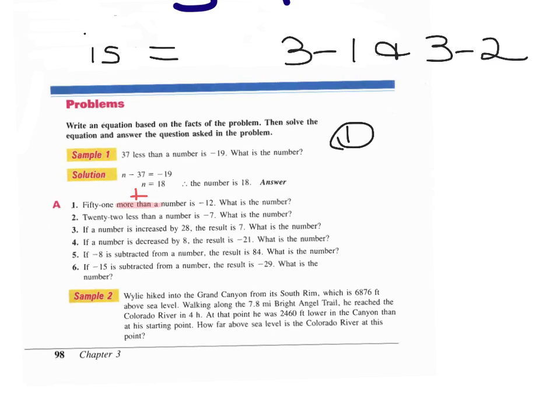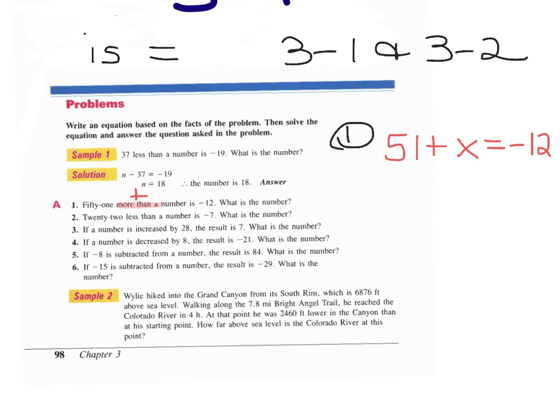You can use whatever variable you would like. I'm going to go ahead and use an X. So here it says 51 more than a number is -12. So everything you did in the homework last night, these are going to be the properties we will use. This is an addition equation.